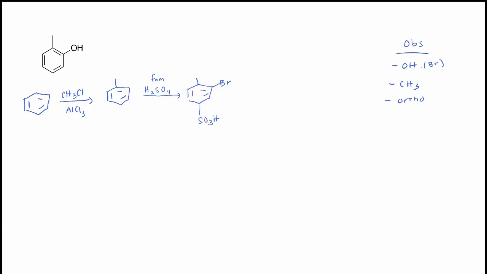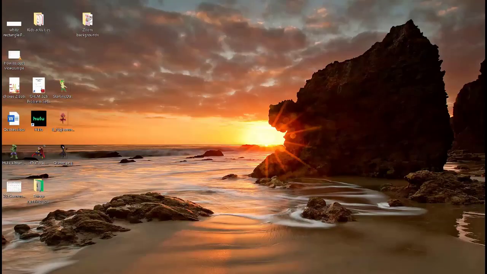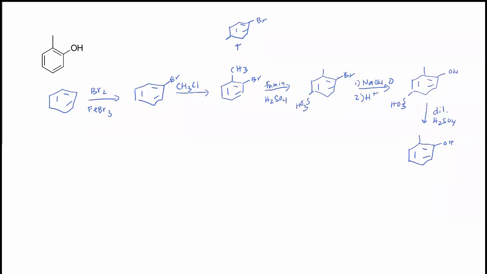And in order to do the OH here, I need my electron withdrawing group para. So I actually need to add my BR first. So this one is not going to work. That's okay. We wanted to start from scratch anyway, right? Any questions there? All right, we'll get back to the book problems here.